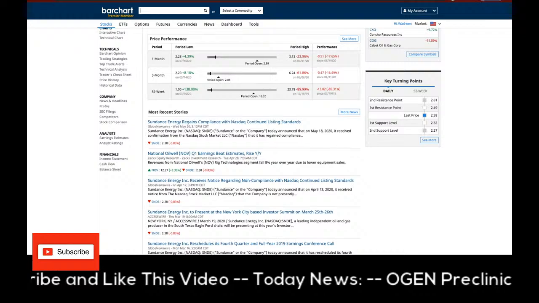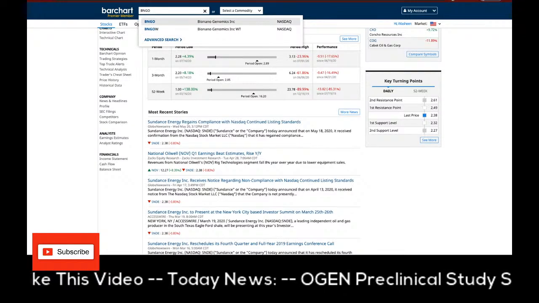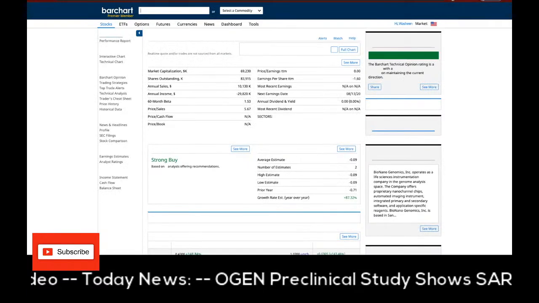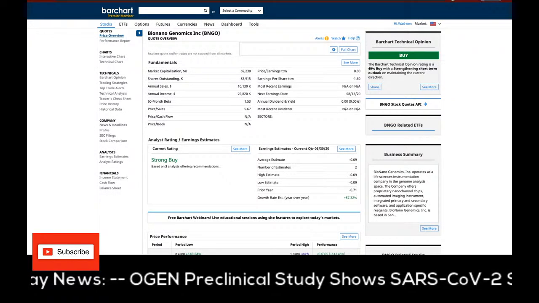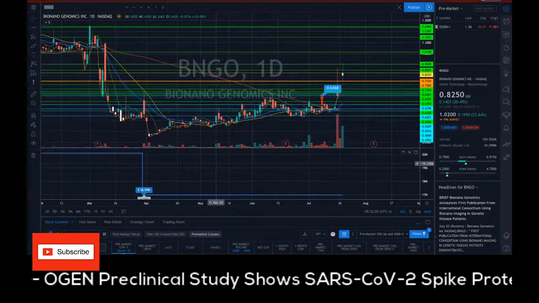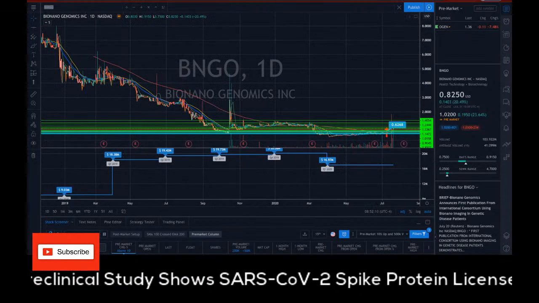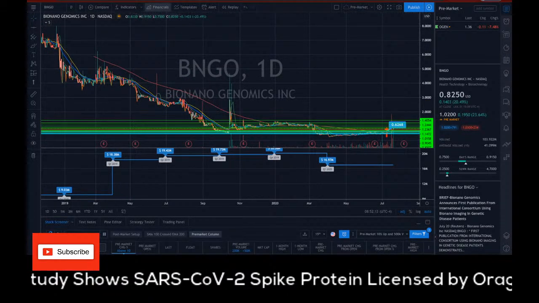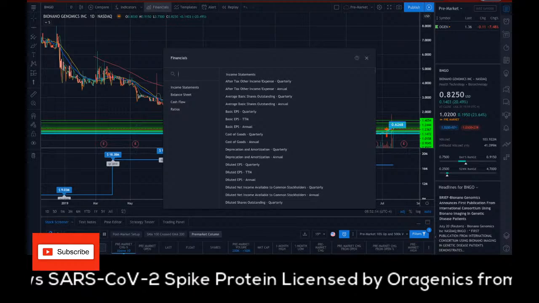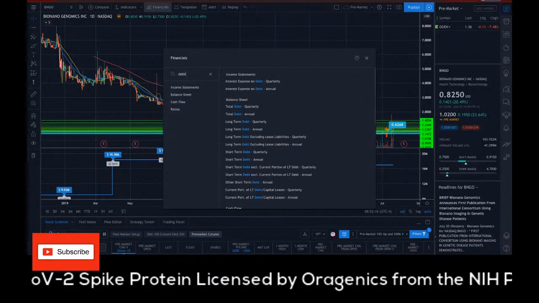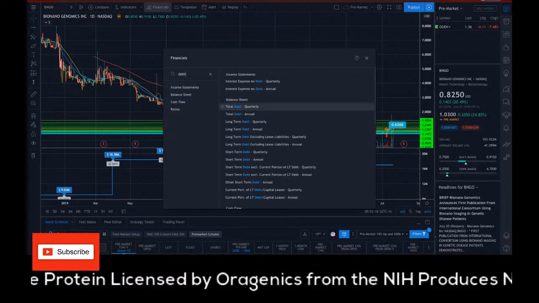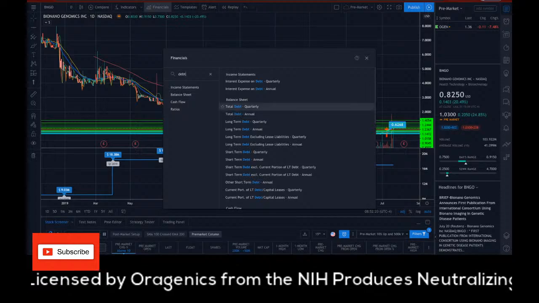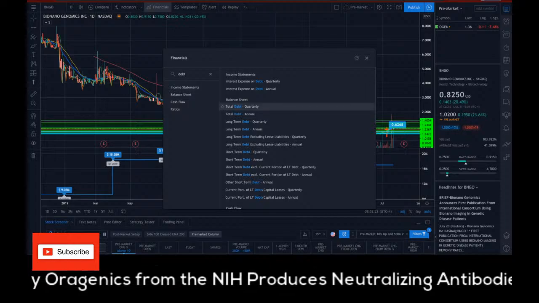Again, going to bar chart. Oh yeah, so the one I added was called the quarter debt chart. So go to financials and then put the EBT, and under the balance sheet, total debt quarterly. So that's the one.